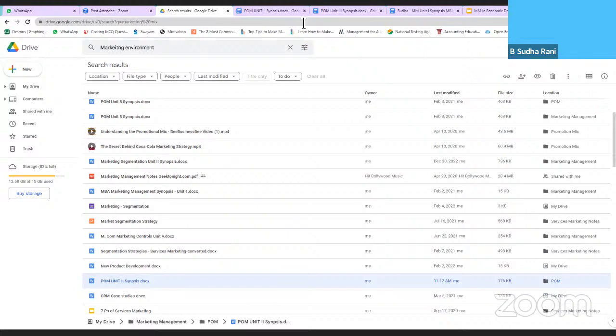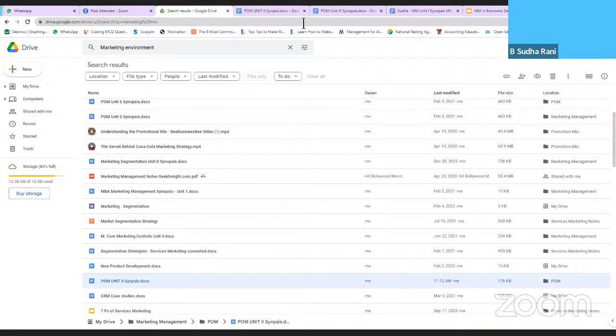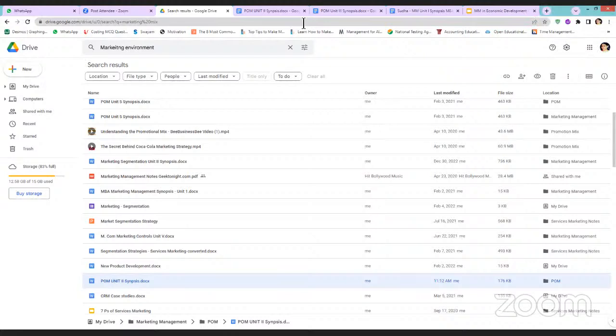In this marketing concept, they started saying how the product is beneficial to the consumer, and they introduced post-sale service, okay, all this.